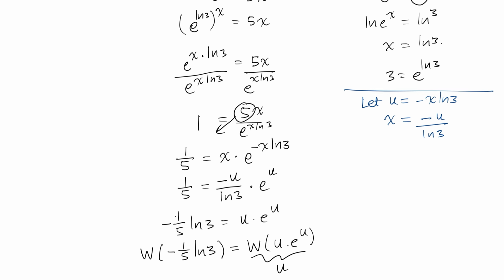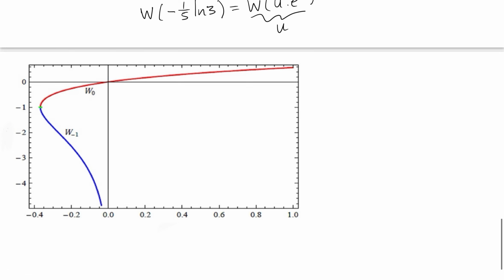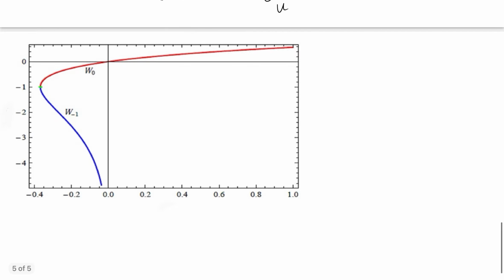Now, because minus 1 over 5 ln of 3 is between 0 and minus 1 over e, we are going to have two solutions. And if we go here, minus 1 over 5 ln of 3, it's some value, I'm not too sure what it is, but it's going to be in this range right here.